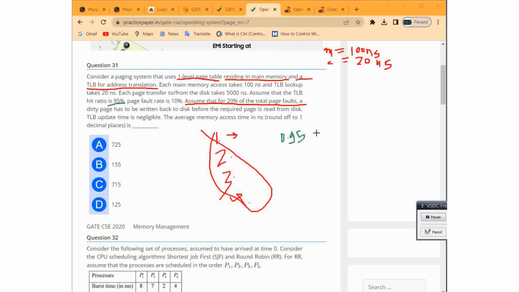If we have a TLB hit, we have to access the TLB table, which takes 20 nanoseconds, and one main memory access, which takes 100 nanoseconds. So the contribution of the first case to the average access time is 0.95 times 120, which is 114 nanoseconds.